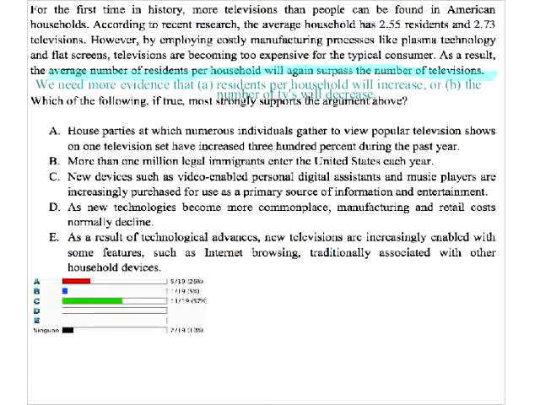So choice A: house parties at which numerous individuals gather have increased a lot during the past year. The problem with A is that it doesn't give you any reason to suspect that people are buying fewer televisions.